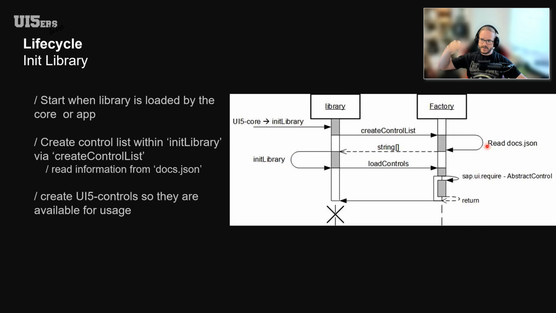We iterate through the entire JSON file, determine the corresponding names of the controls, and return these names to make the core able to load the library. Then it's initiated. Afterwards, we do a separate step, just loading the controls.